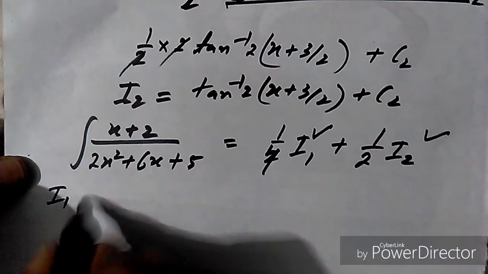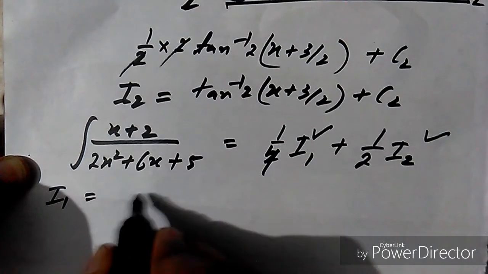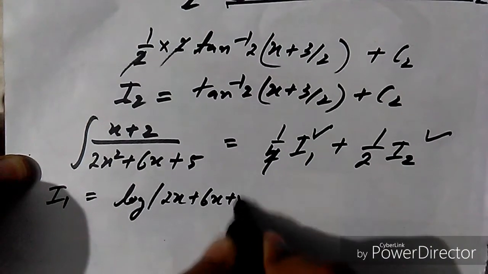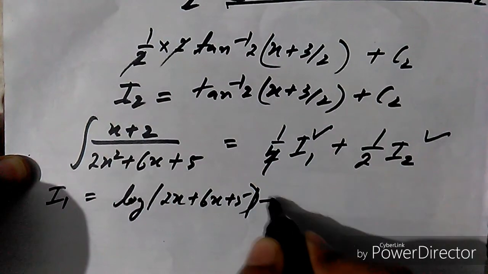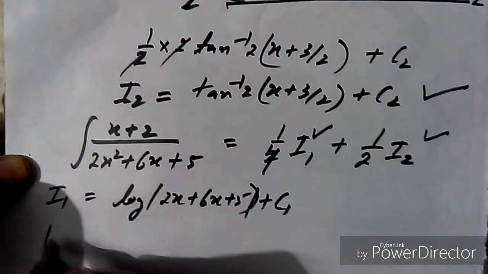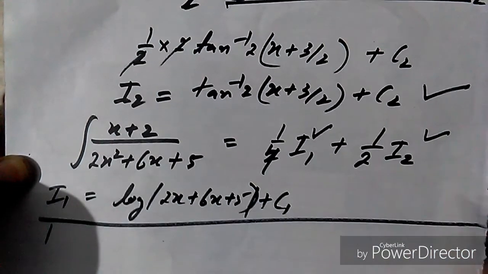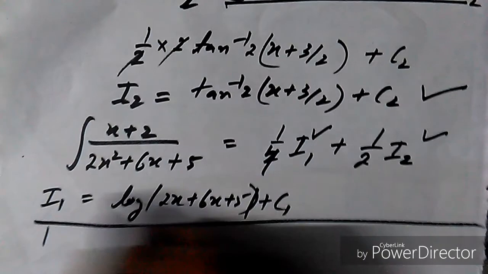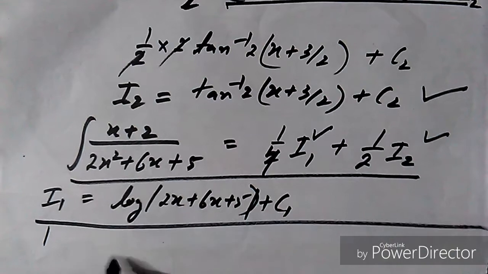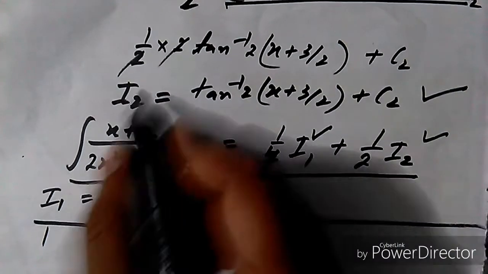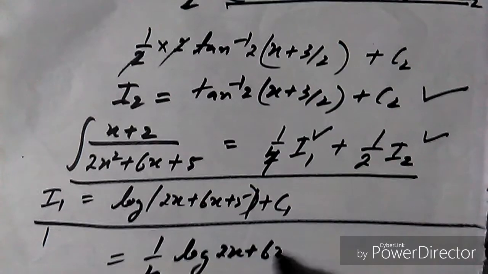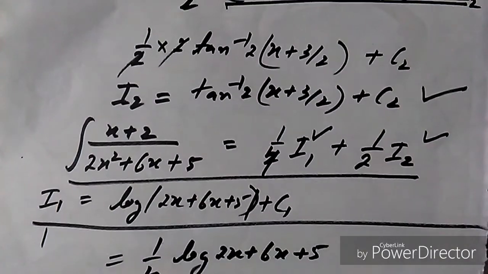I1 part is equal to log of (2x square plus 6x plus 5) plus c1, and the I2 part is there. Then we put it in this relation, that is equal to 1 by 4, I1 is log of (2x square plus 6x plus 5).